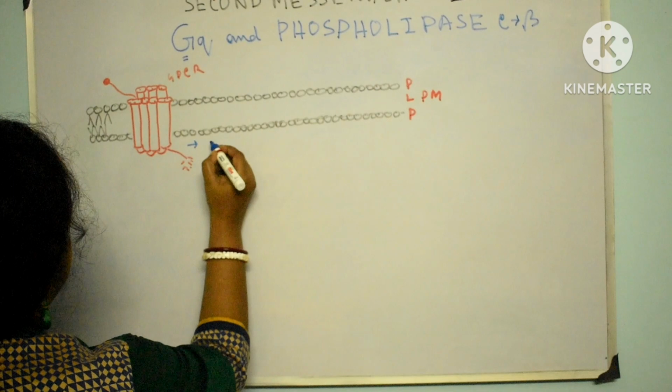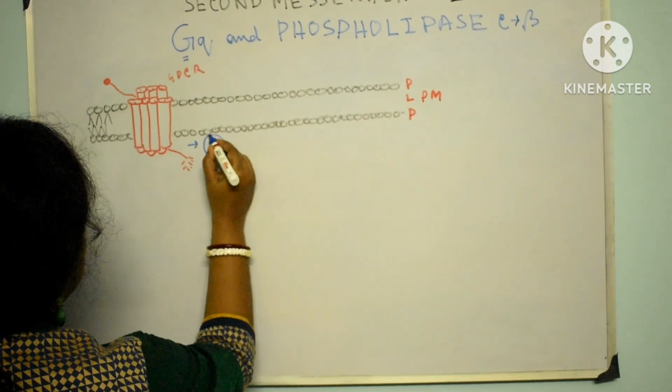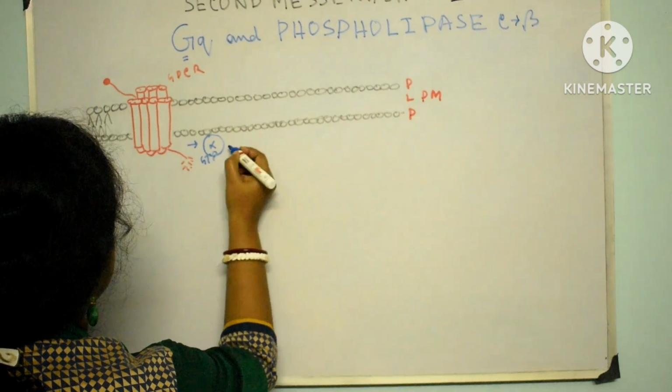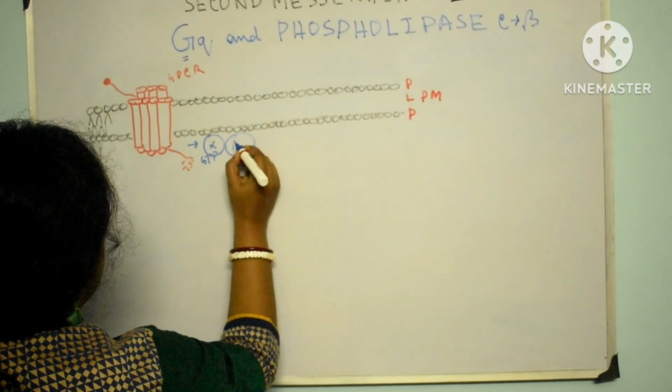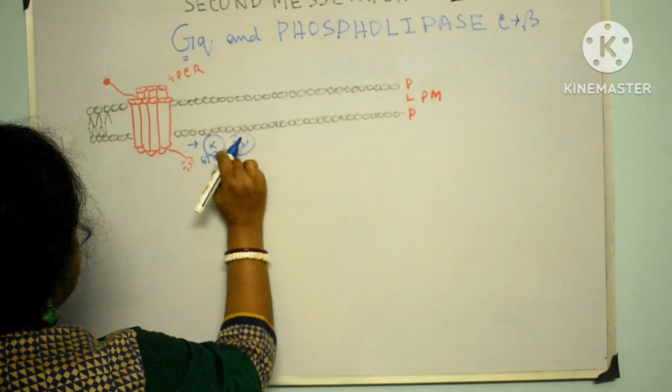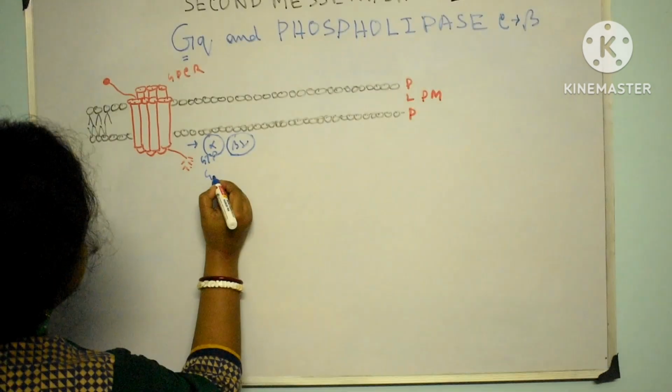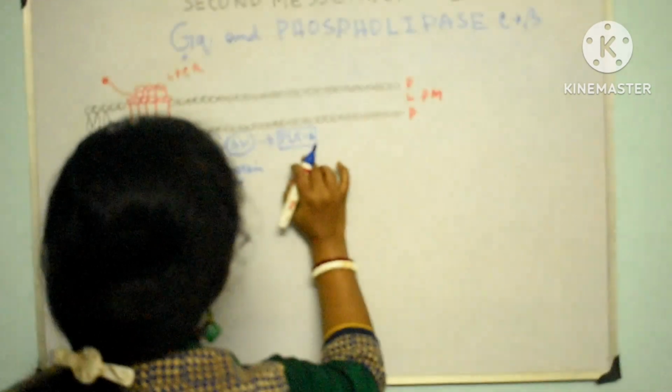Here G protein alpha is now bound with GTP, and here beta gamma separate. Draw it separately because it is activated now. Specifically the G protein is Gq protein. This activated G protein is going to activate PLC beta.